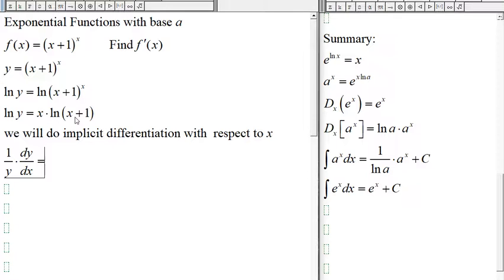And this is a product, and so we have to use the product rule, so it will be the first factor times the derivative of the second factor, and then plus the second factor times the derivative of the first factor.